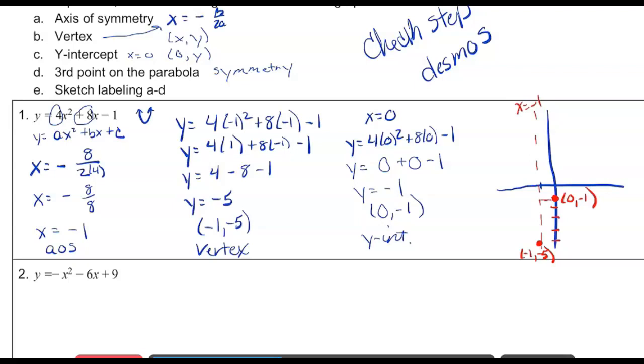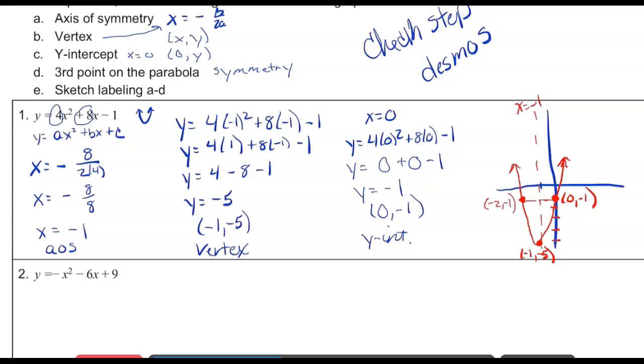Well, I'm 1 unit, so that means I need to go 1 more unit over here. So my point here would be -2, -1. And with 3 points, we can draw a fairly decent parabola.